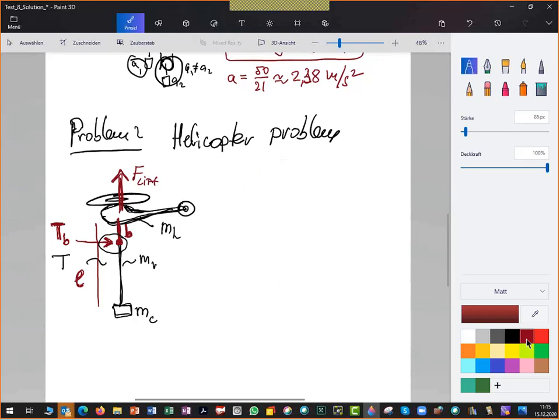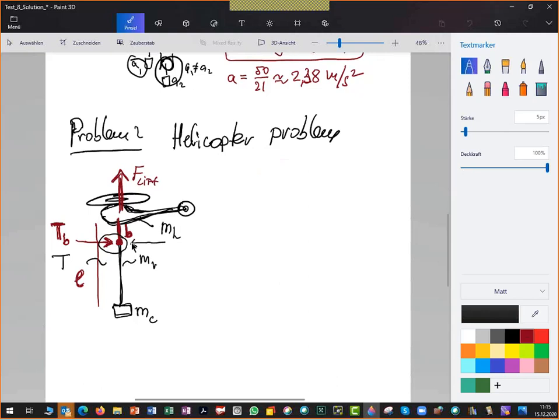But why is this problem easy? It is easy because if we do it a little bit differently, then we can use our usual approach. Let me explain what the main trick is here. Since we are asked about the tension at this particular point, we need to define masses in our system in a new way.